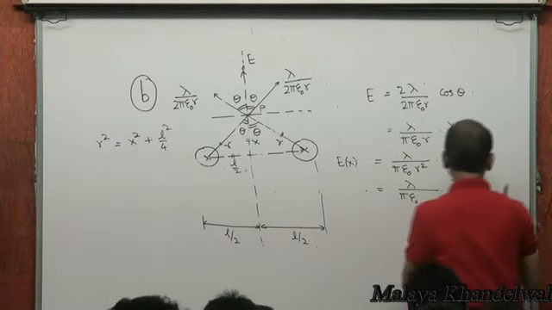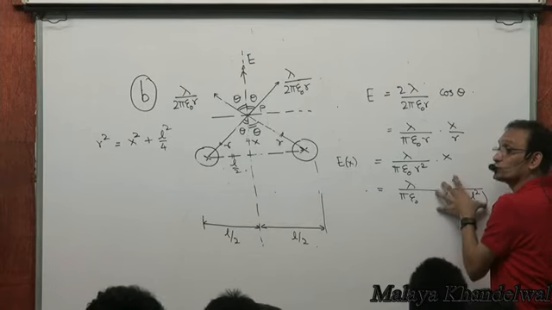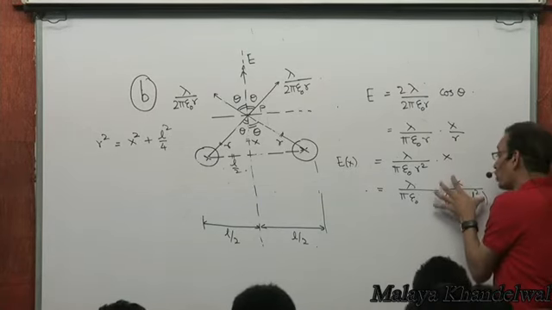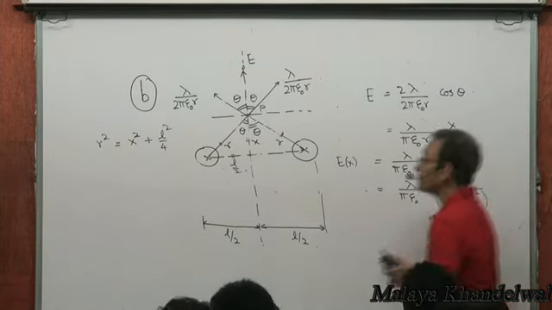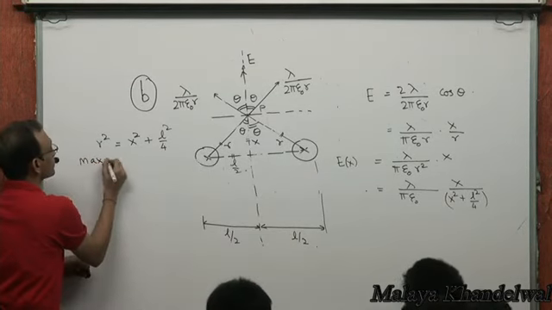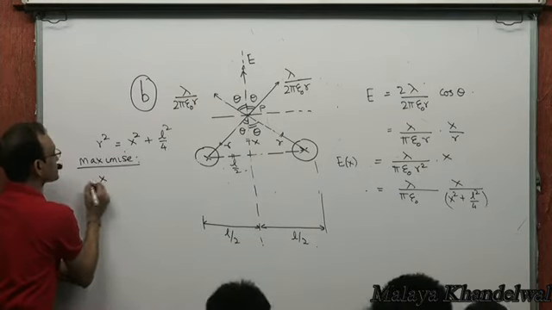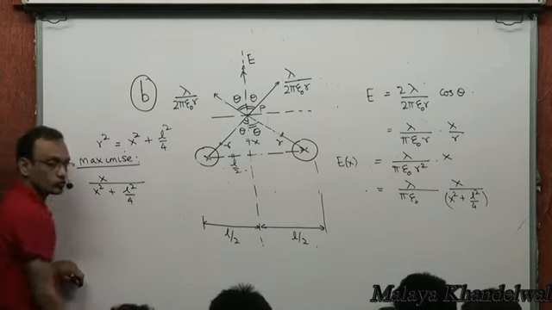We need to find the value of x so that this expression would be the maximum it could be. Lambda by pi epsilon naught is a constant, so we want to maximize this expression. We want to find x such that this is a maximum. Clear? We want to maximize x by x squared plus L squared by 4.